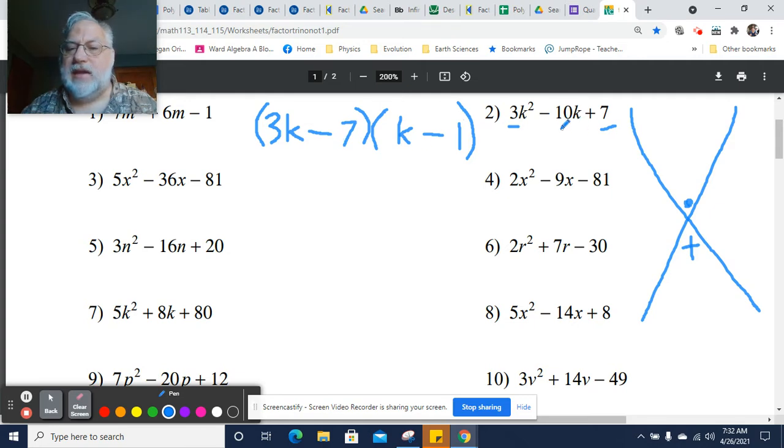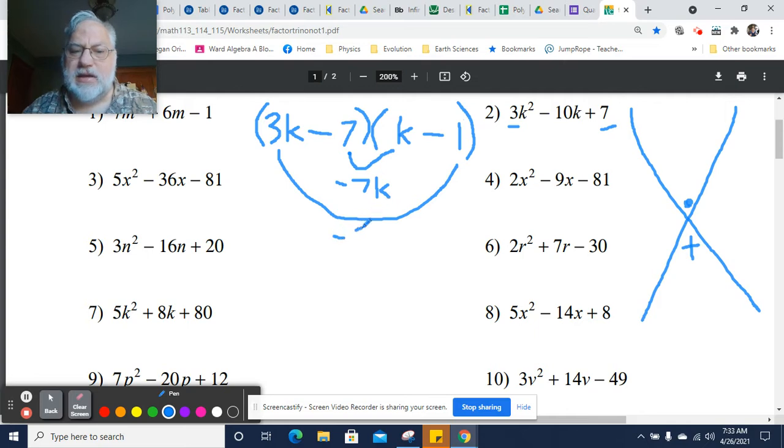In this middle term, the negative 10k came from the sum of negative 7k and negative 3k. That's where it came from. So what that kind of tells us is that the 3 and the 7 and any number of 1s are involved in coming up with that middle term.